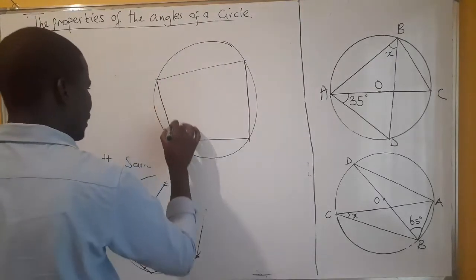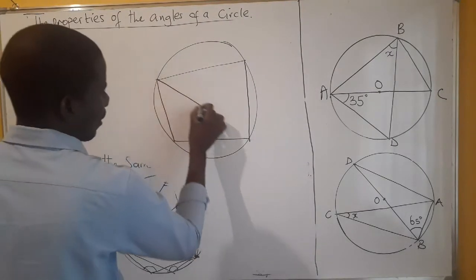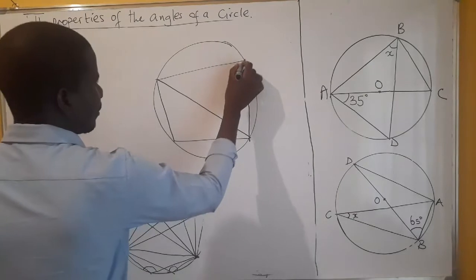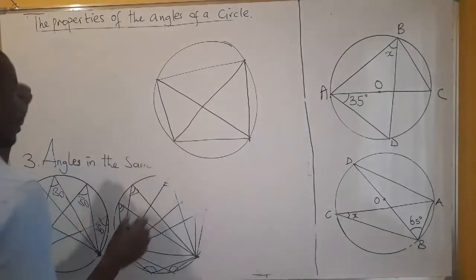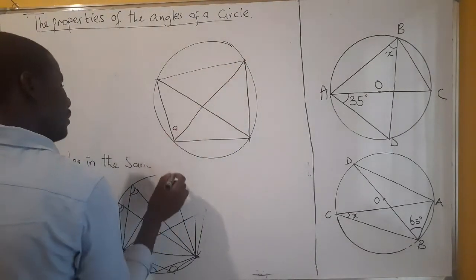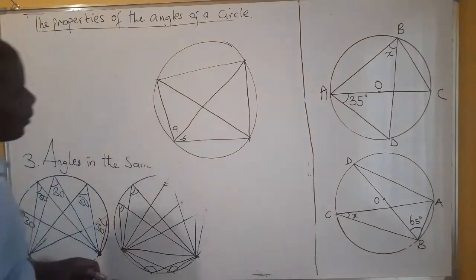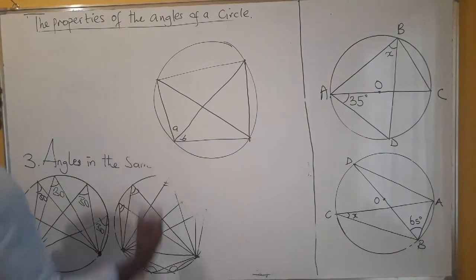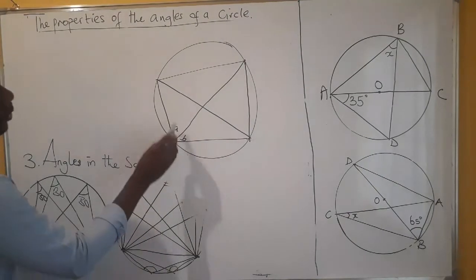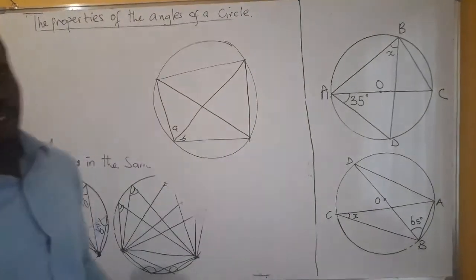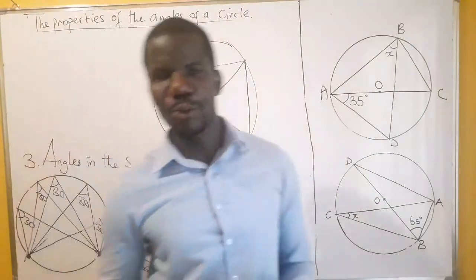Also connect this other one. Then I also do this as well as this one. I say this is A, this is B. So, which angle is equal to this A? Which angle is equal to A according to this theorem that we are applying here?